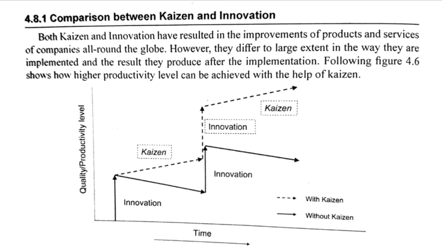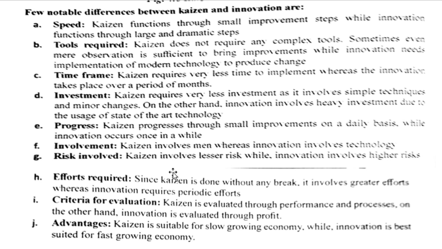As shown in the figure, it shows a higher productivity level achieved with the help of Kaizen. When you go with both innovation and Kaizen, a high productivity level can be achieved by using Kaizen. Without Kaizen it is unable to do that.